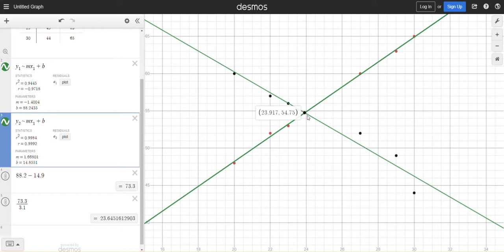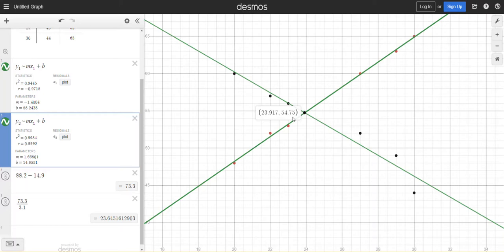And the reason, of course, is, remember how we rounded everything to one decimal place? They kept all of these decimal places that they gave us. So that's actually just a little bit more accurate, but it's in the same ballpark, so I'm convinced I probably did this problem correctly. So I'm going to write down the intersection point that I got from Desmos. I want to talk just a little bit more about it.